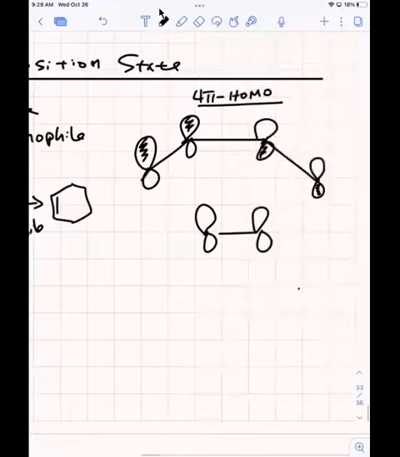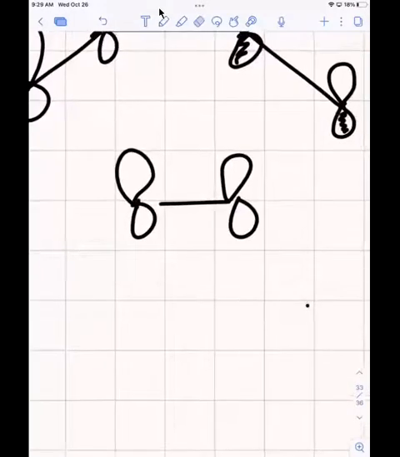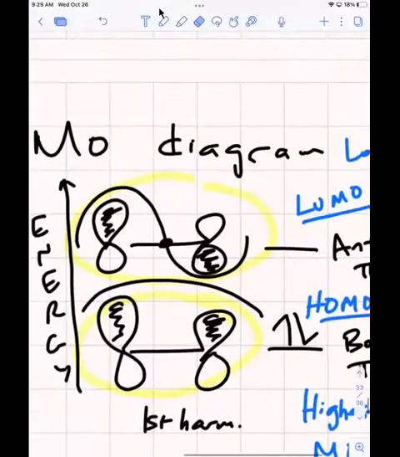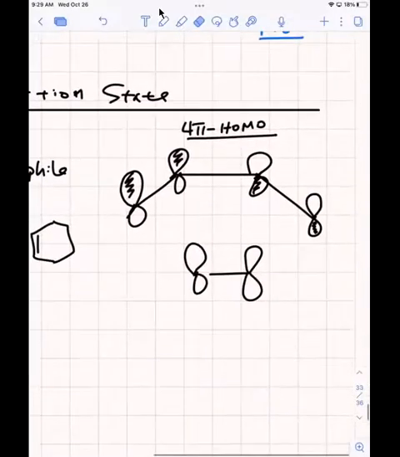Anybody? I'm gonna guess one shaded on the top and one shaded on the bottom. Yeah, I mean, this is what the LUMO looks like, so that's going to be the pattern either way, right? But the question is now, if I want to overlap, I got to overlap these orbitals.